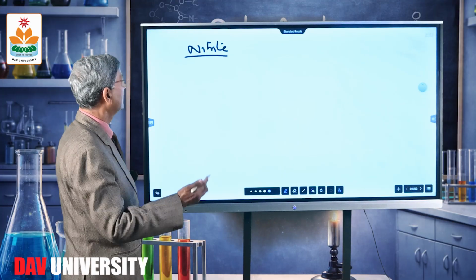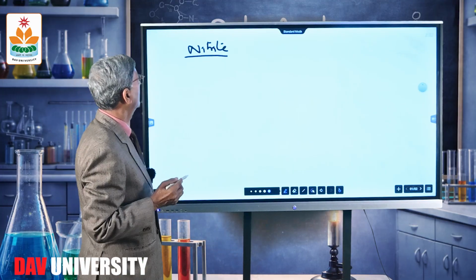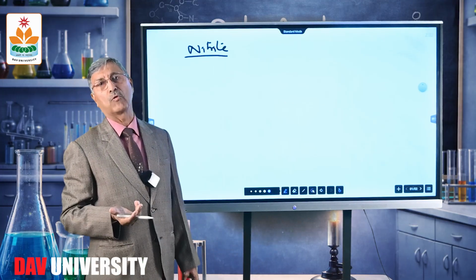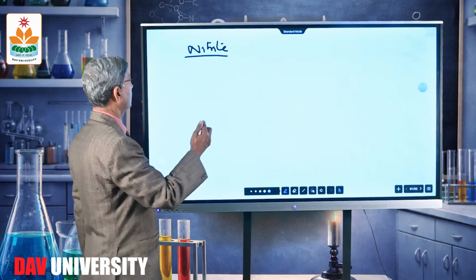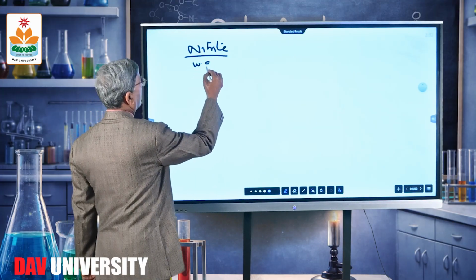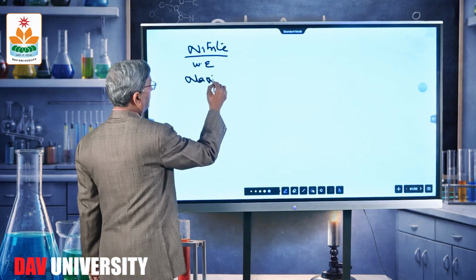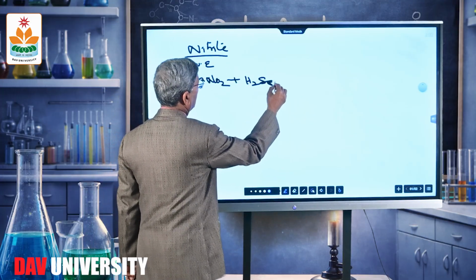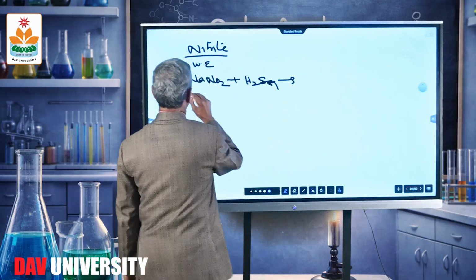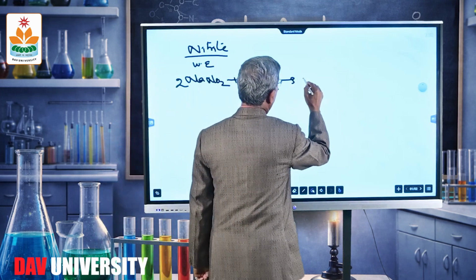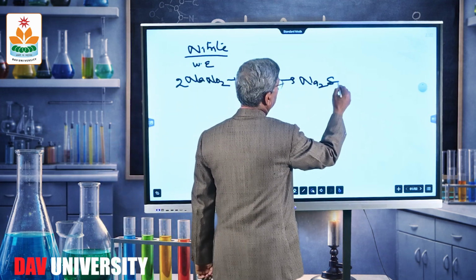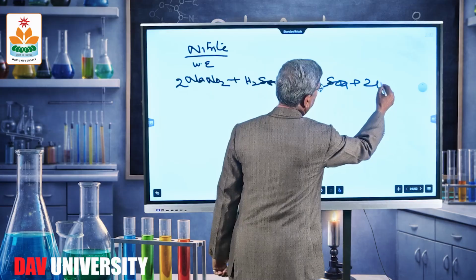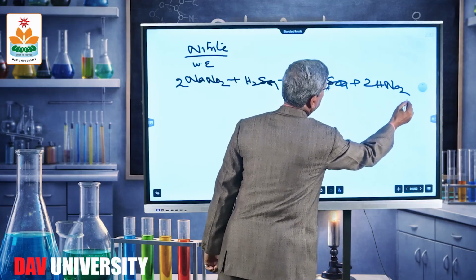In that case also, nitrites are soluble in water, so you can perform this with water extract. We get nitrite. We treat this with dilute sulfuric acid, H2SO4. We have written this equation earlier, plus we get 2HNO2.